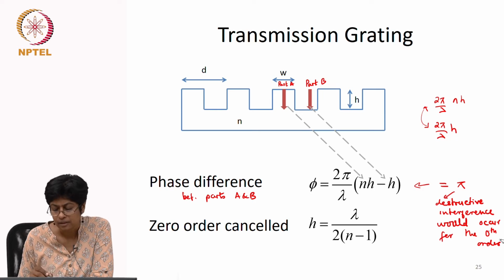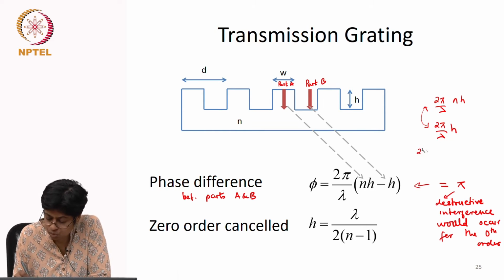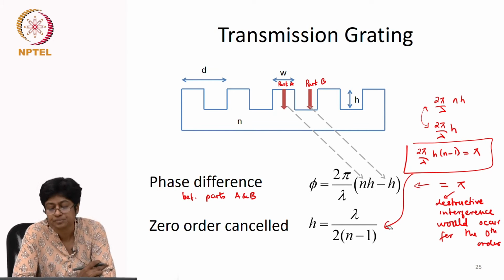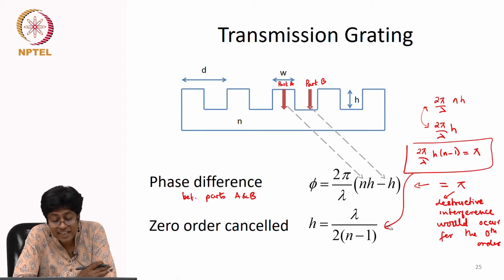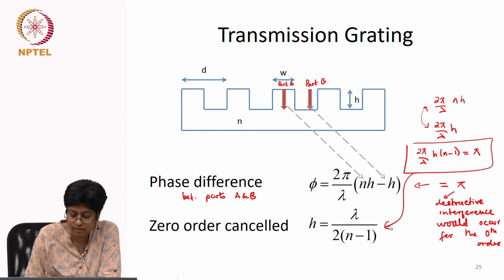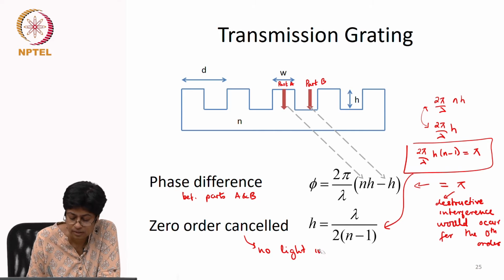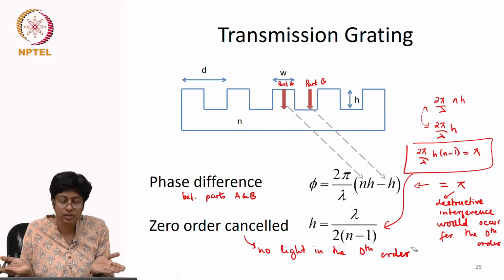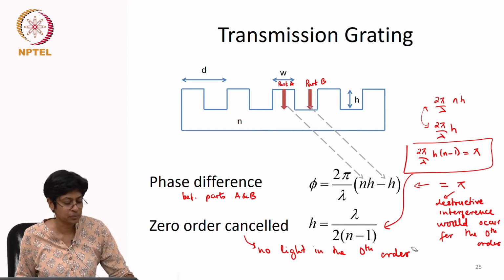And if I then use this expression, that is 2 pi by lambda h (n minus 1) is equal to pi, and I extract h from this, this is the height the grating has to have in order to ensure no light in the 0th order. If the light cannot go in the 0th order, it has to go into the higher orders, and I've made it more efficient that way.